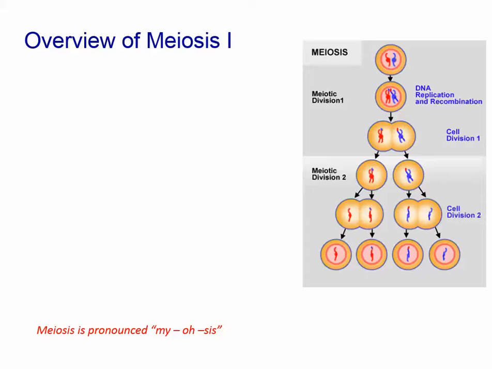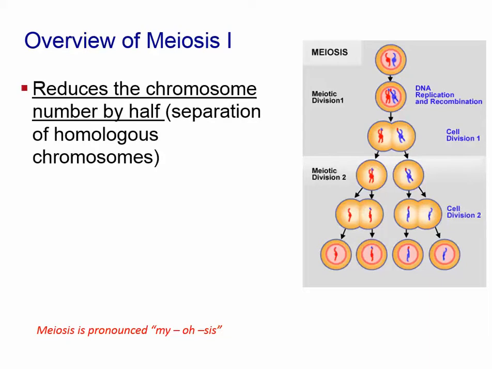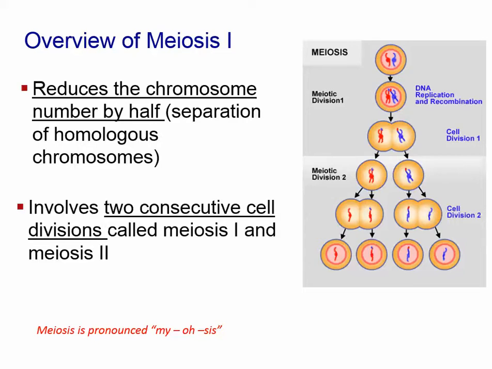You have meiosis 1, which is the first cell division, and then you have meiosis 2, which would be the second division. Meiosis 1 will reduce the chromosome number by half. What happens in meiosis 1 is that these homologous chromosomes get separated. Meiosis involves two consecutive cell divisions called meiosis 1 and meiosis 2.